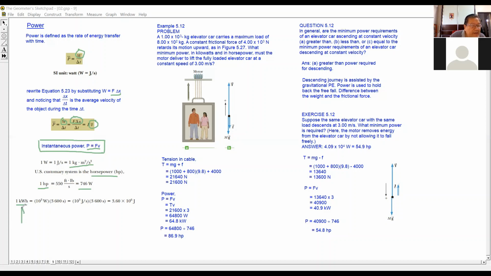Because kilowatt is actually power, and the hour here is actually the time.